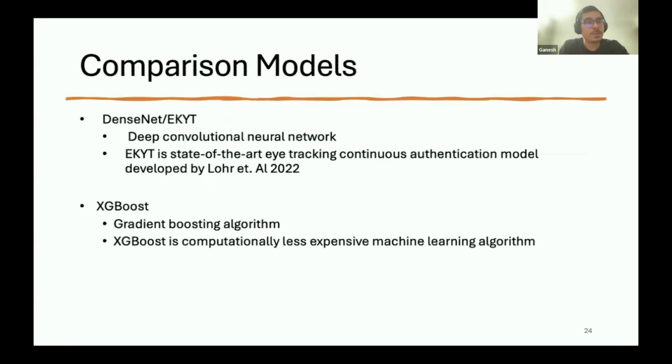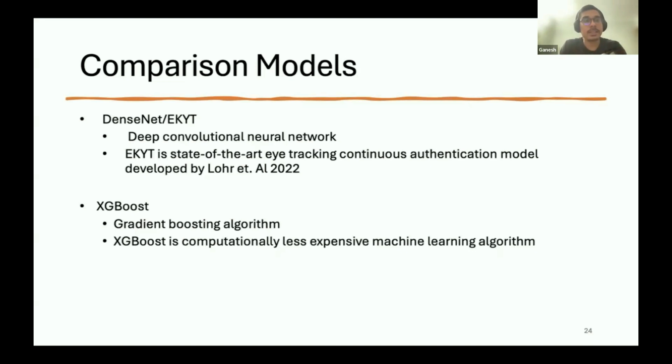And also to compare our transformer architecture model, we also employed DenseNet and XGBoost architectures. XGBoost is because we wanted to see how a less computational machine learning algorithm will perform against the transformer, because the transformer is a very computationally heavy model.